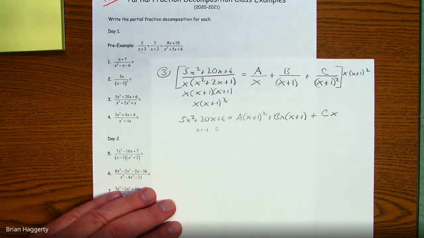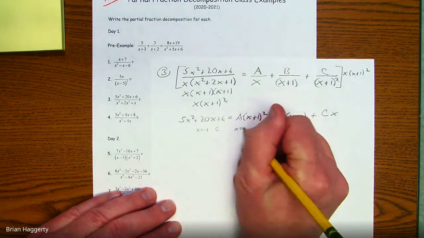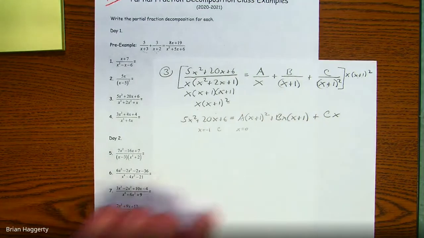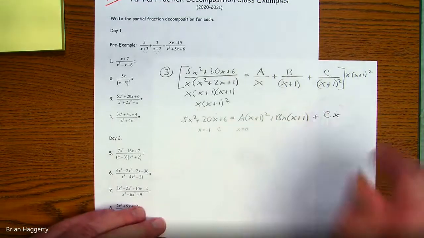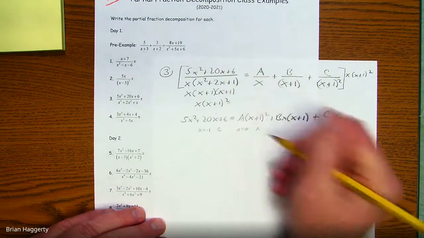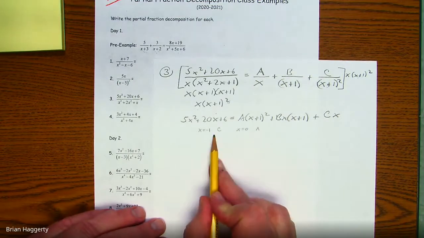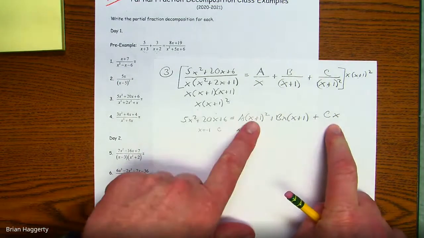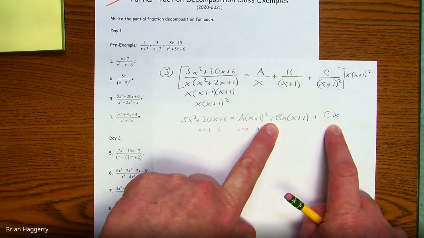The next happy value would be, what if x is 0? If you plug in x is 0, that drops out, and we can solve for a. Once we have a and c, if we plug those in, then we can definitely get b, because there's only one variable left.